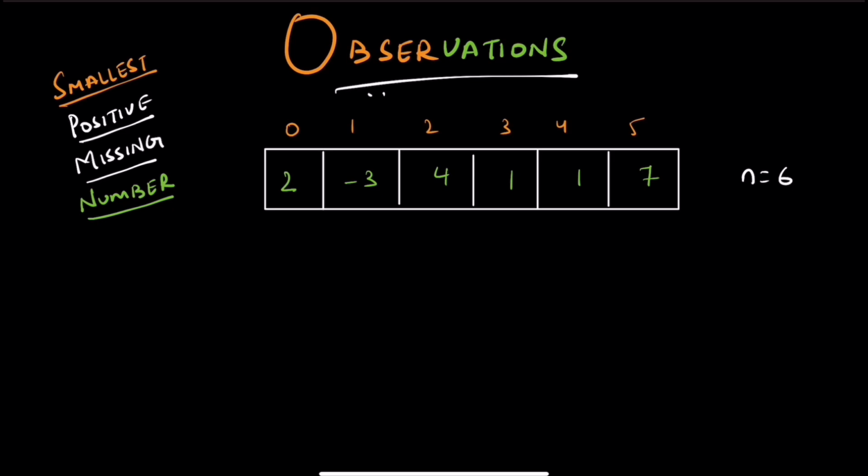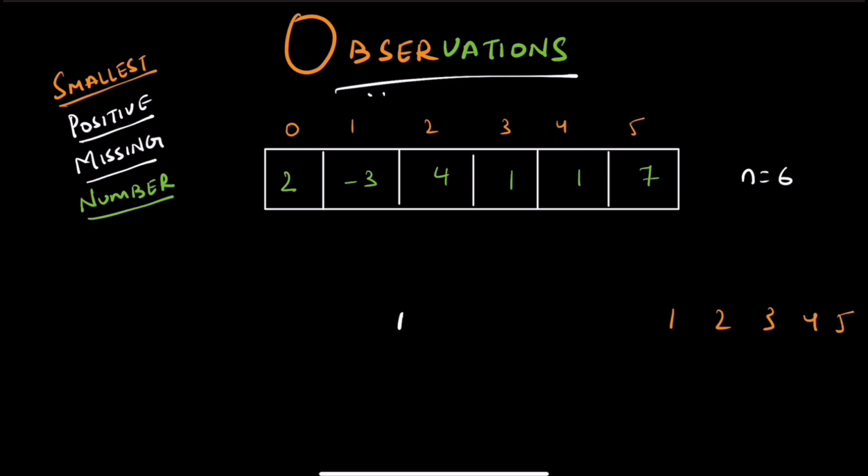Now we need to find the smallest positive missing number, right? So the first observation that I've observed is that for any array of given size n, what can be the minimum and maximum positive numbers? The minimum number will be 1 because it's already given in the question. What can be the maximum positive number? Suppose we have array 1, 2, 3, 4, 5.